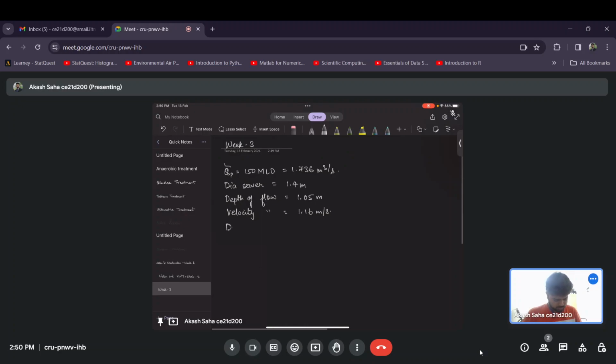Now the drop of my screen chamber floor to invert, I will show you diagrammatically what it means, is 0.08 meters.